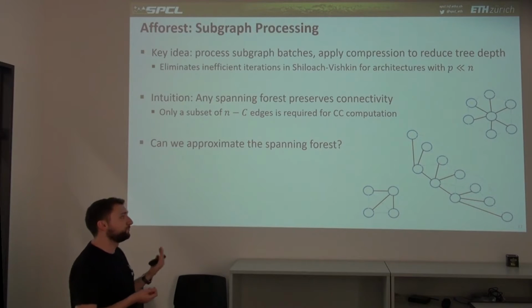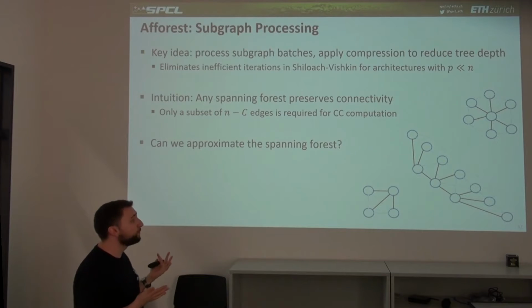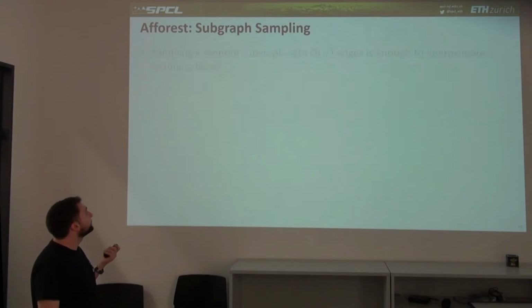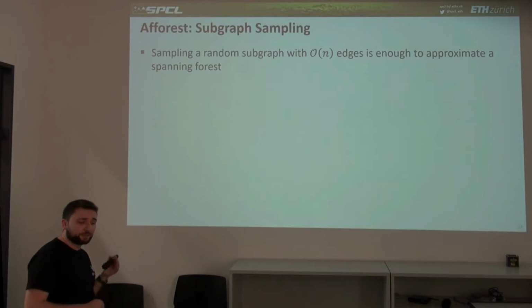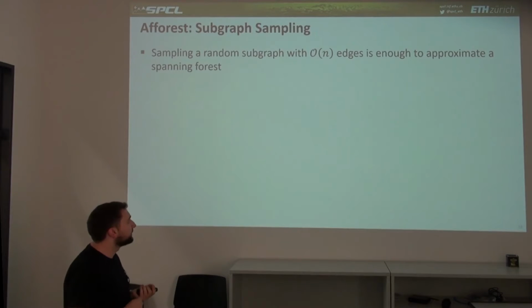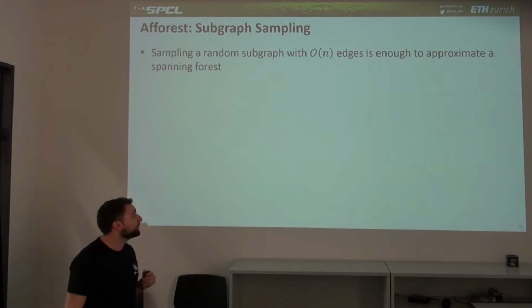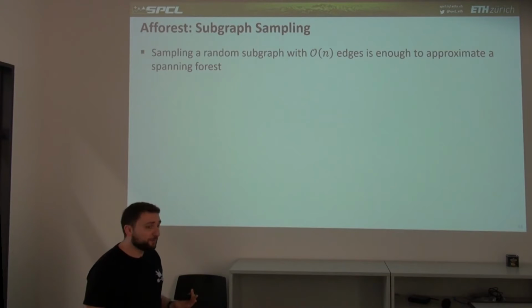And now the question that we ask ourselves is whether we can approximate the spanning forest. And how can we do that? So this is again explained in the paper, but there are ways to approximate the spanning forest. Just sampling a random subgraph with O of n number of edges would be enough.